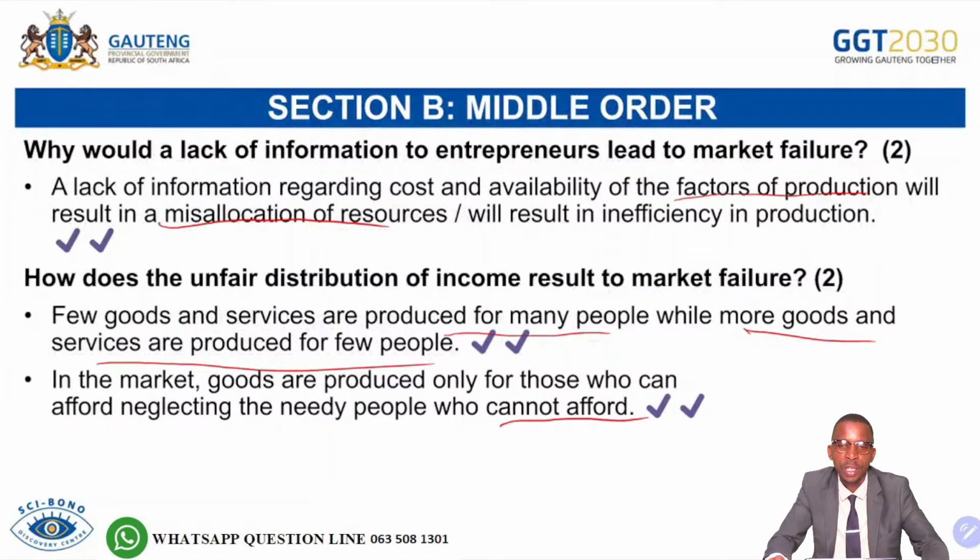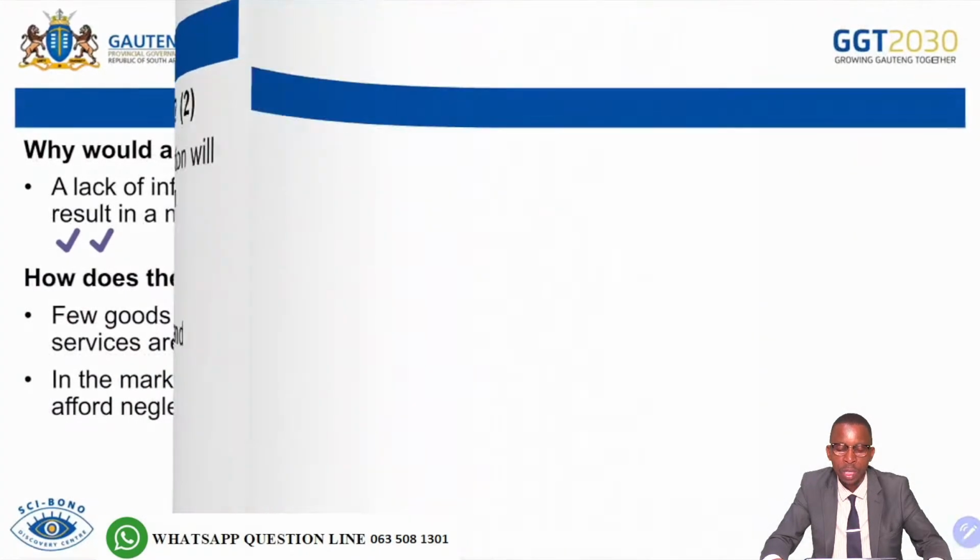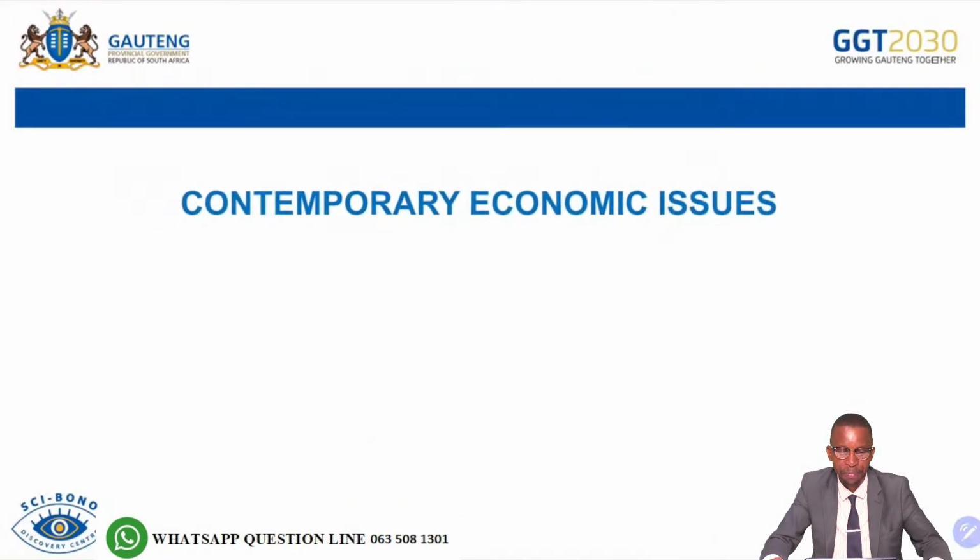In that situation, that's a market failure, because the main objective of the market is to supply goods to consumers, and the consumers must be able to afford those goods, because there should be competitive prices. But because of unfair income distribution, some people have no income at all. So that can lead to them not being able to afford goods and services, even though some other people can afford.